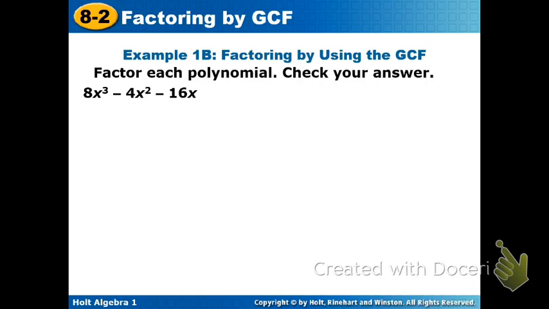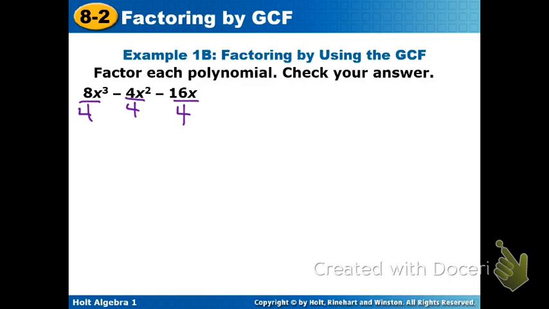What will divide into those? 4. Now, let's look at the x again. Has our x now possibly become a greatest common factor? Yes, it has, because the x is in all the terms, right?